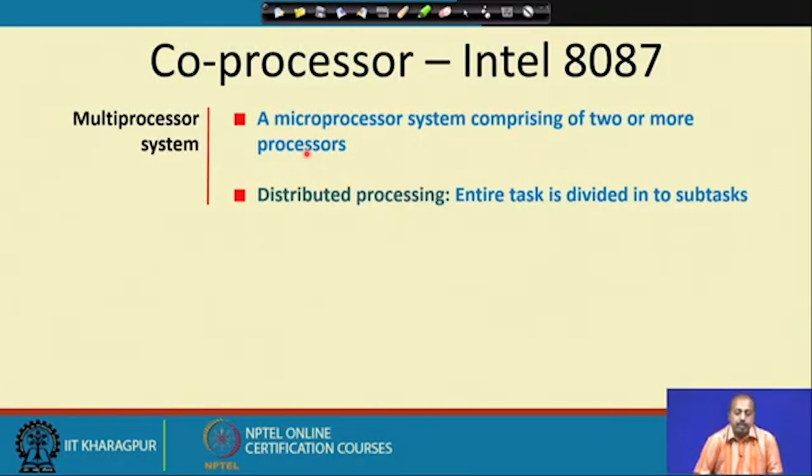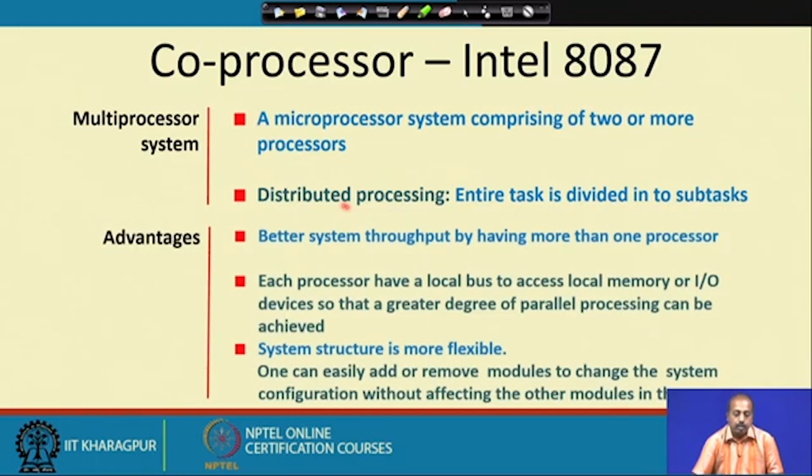Now, a multiprocessor system comprises 2 or more processors. The entire task is divided into subtasks and they are distributed to different processors. The advantage is better system throughput: instead of having a single processor, we now have more than one processor, so we get more computational power.